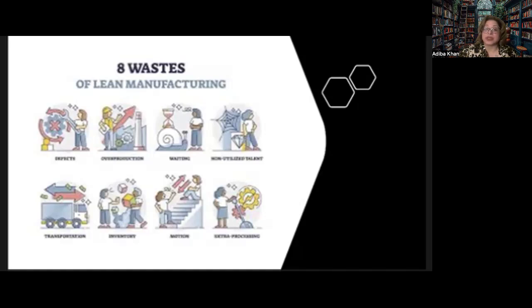Other examples of transportation-related waste would be sending unsold products from the store back to the warehouse, or ordering parts or products from a very distant supplier when you know well that there's one right within walking distance from you, or even moving equipment from one construction site to another, because now those construction workers could have been contributing to building the building, but instead they're occupied with going back to the old site and taking all this stuff with them.